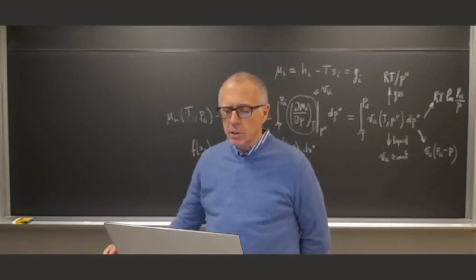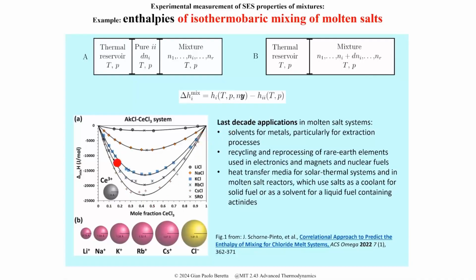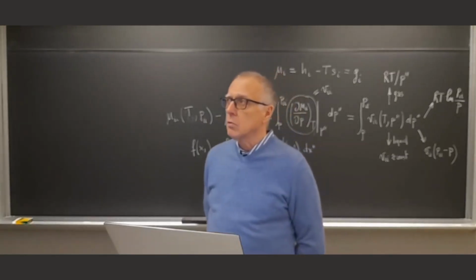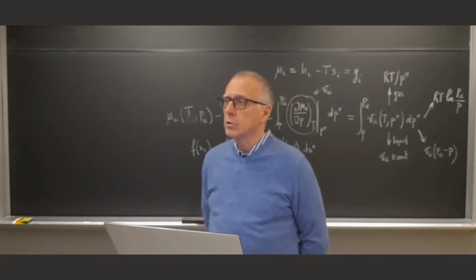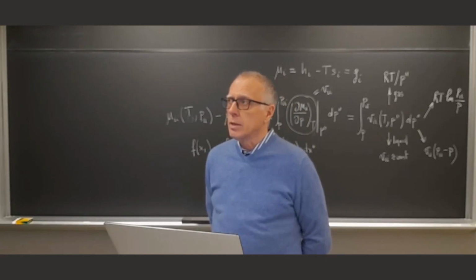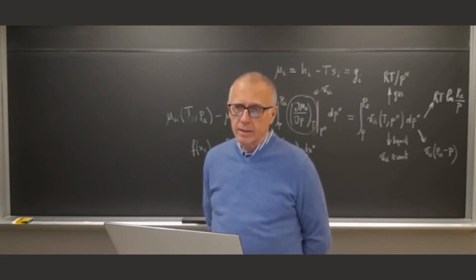For example, this is an experimental paper where they measure the enthalpy of isothermobaric mixing of liquids. And these liquids are molten salts that, as you may know, are used in various applications, including solar thermal applications in those collectors with mirrors that want to achieve high temperatures.